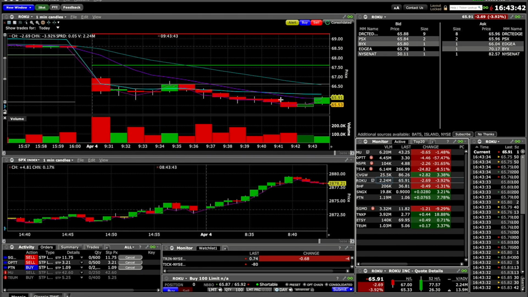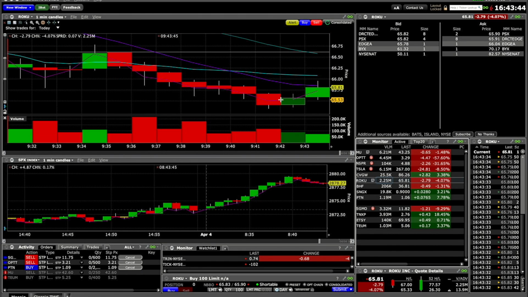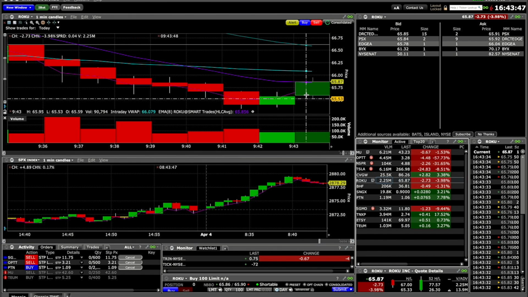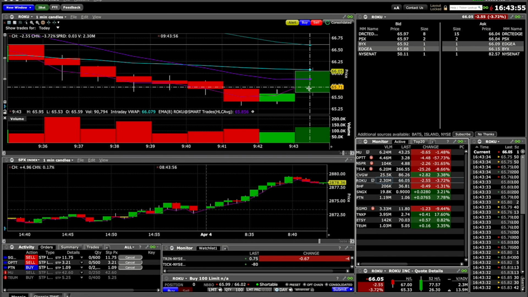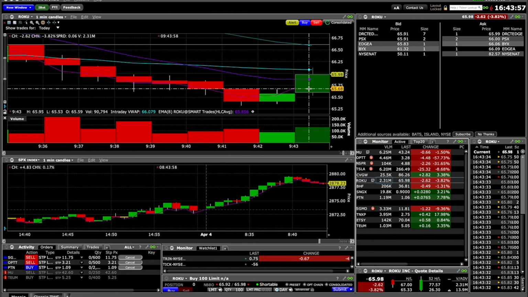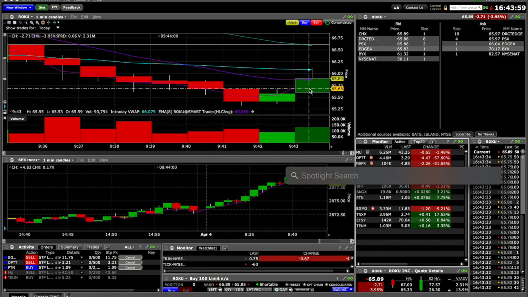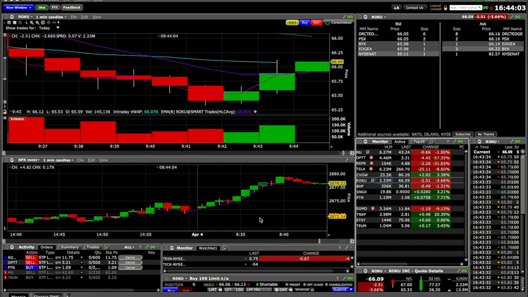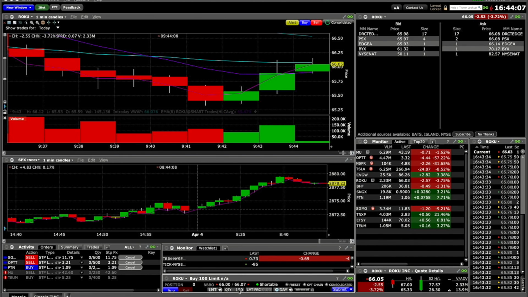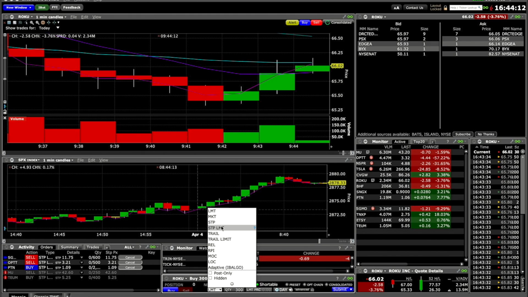Roku, and you can see the reversal, the huge reversal, which is amazing. And it's running up too fast, considering that it dropped 3.8%. So let's do it with 50. I think 50 will be good. 50 cents. 25 cents.